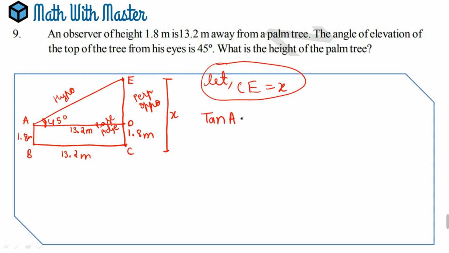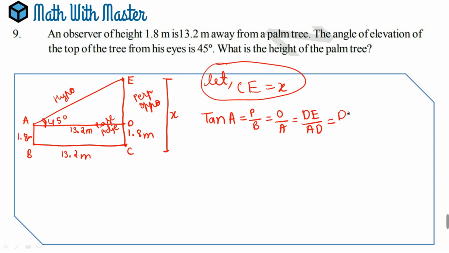So tan A is equal to perpendicular upon base, which is also opposite upon adjacent, which is equal to DE upon, what is adjacent, AD. So DE upon AD.